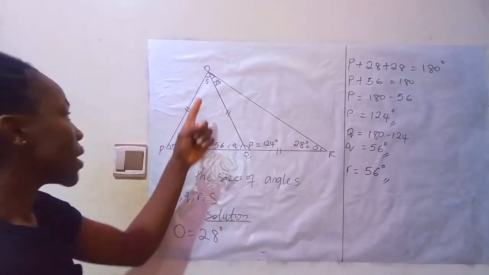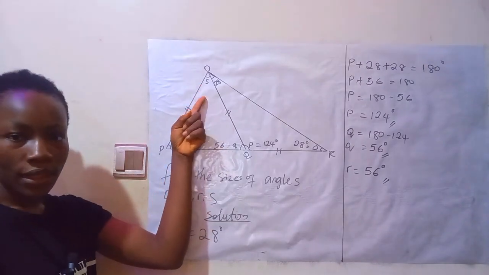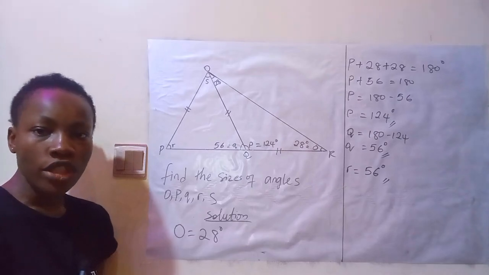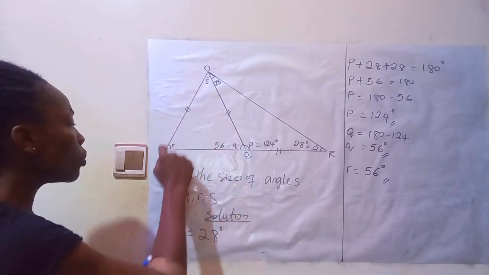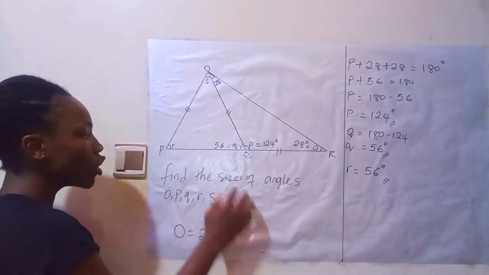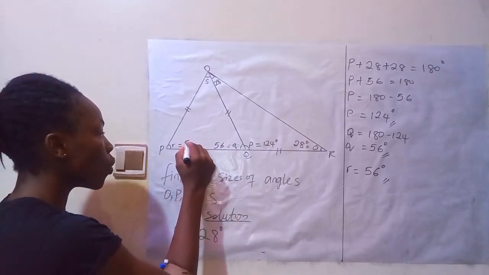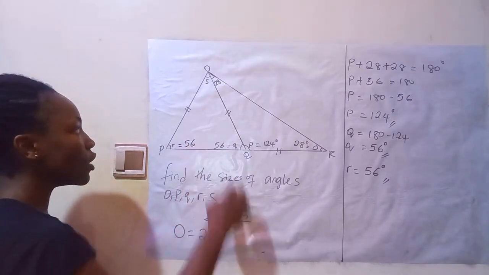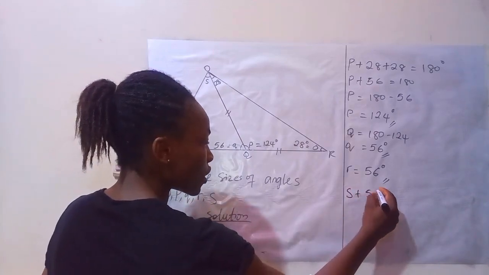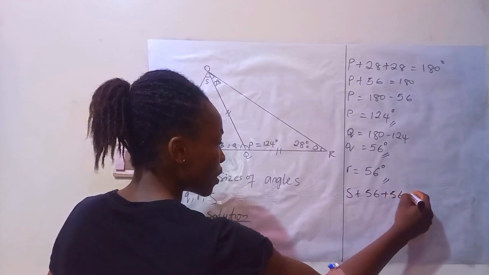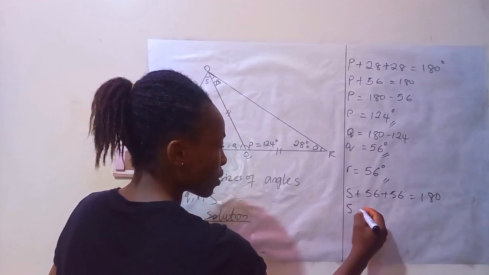Now we are left with S. Let's find the value of S by using the sum of angles in a triangle. The triangle that we are using is OPQ. We add the known angles and subtract them from 180 to get the value of this unknown. So we have S plus 56 plus 56 equals 180.